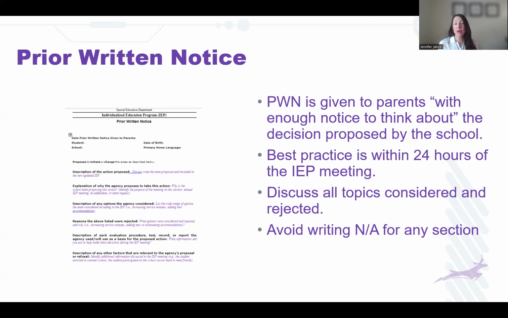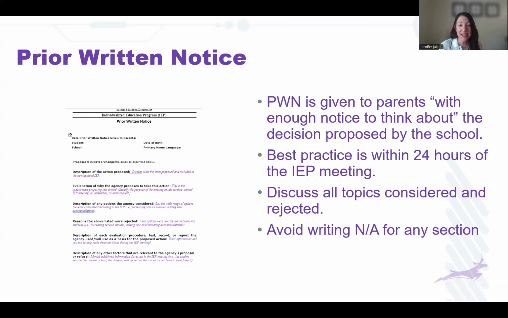And also all relevant factors, like the data that you used to make the decision and any other factors related to the decision, need to be recorded here. It is best practice to avoid writing NA or not applicable on any section of this prior written notice. You will need to write for each section.